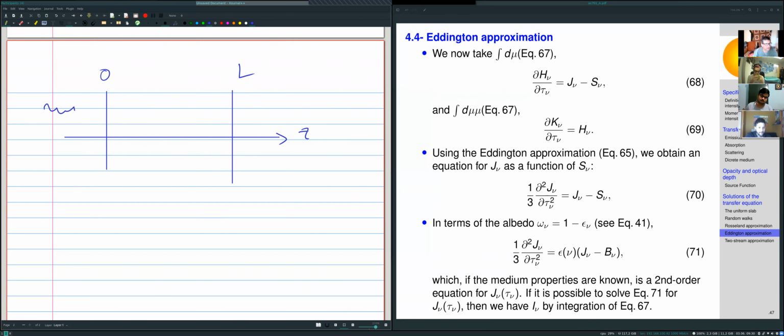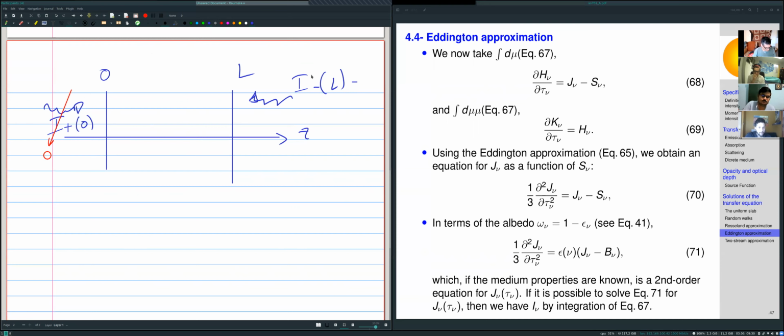Anything that goes from here, I plus, at the coordinate 0, would have no incident radiation field. And it would be the same for radiation coming this way. So we know that I minus in this direction should be 0.